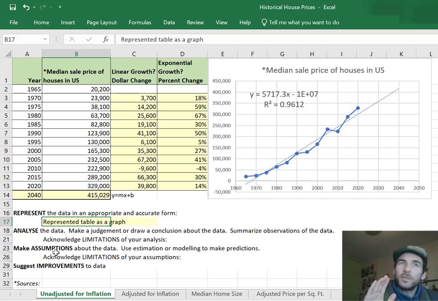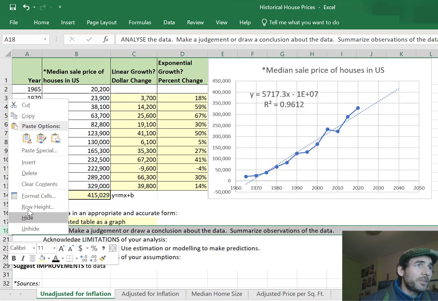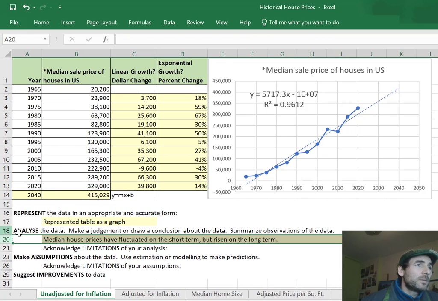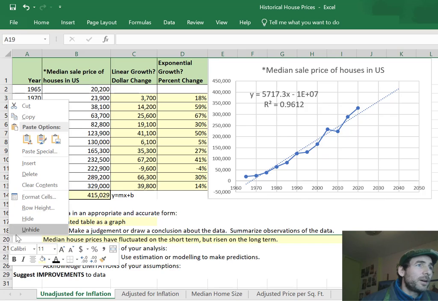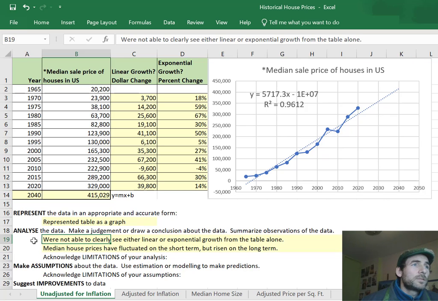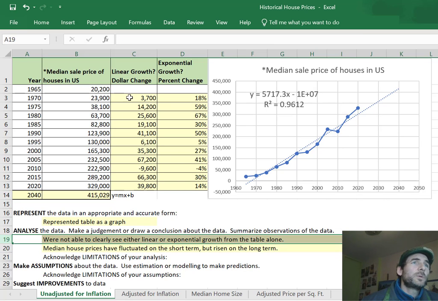Okay, I hope you have a chance to think about that and perhaps press pause and think about it. But here's the answer I'm going to give. And if you hit unhide, it should show here. Okay, so the answer, I need unhide on, sorry, rows 19 and 20. Okay, so we analyzed the data. We weren't able to see a clear linear or exponential growth from the table alone. It was messy.